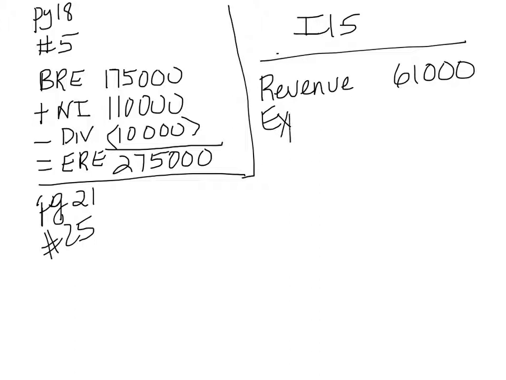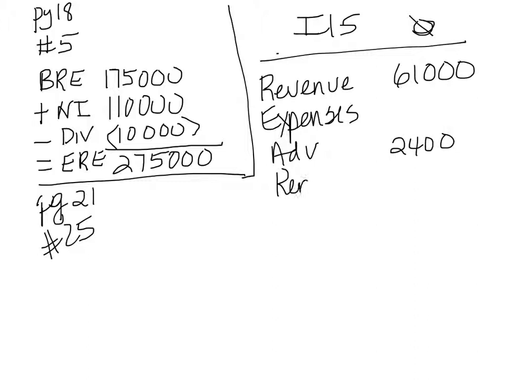We then go down the list to take a look at the expenses we need to pick up. We see that there's dividends paid, so we know that there are no dividends on the income statement, so we're not going to pick that up. We have advertising expense, which was $2,400. We have rent of $10,400. We have salaries of $28,000.